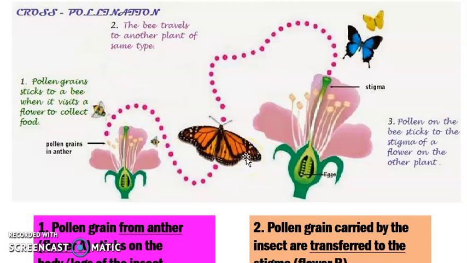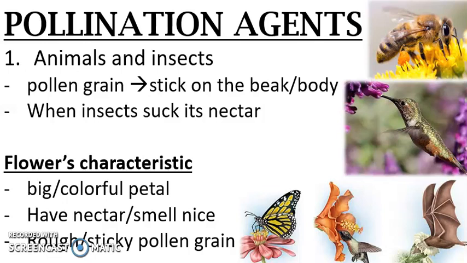So the pollen grains carried by the insect are transferred to the stigma of flower B. Okay, jadi biji benih dibawa daripada haiwan-haiwan ini, serangga ini, dipindahkan ke stigma, iaitu organ pembiakan betina bagi pokok yang lain tapi spesies sama. Okay, ini berlaku bagi cross-pollination.